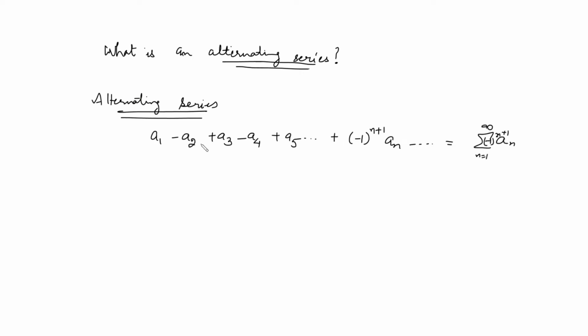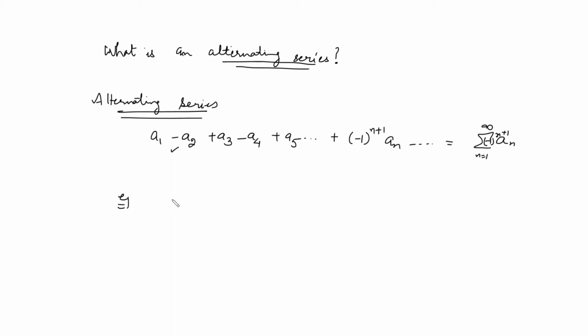So here we have a series with terms a1, a2, a3, a4 and so on, but with alternate signs. The first term has a positive sign, the second term has a negative sign, the third term again positive, the fourth term negative, and so on. We have to check the behavior of this type of series.